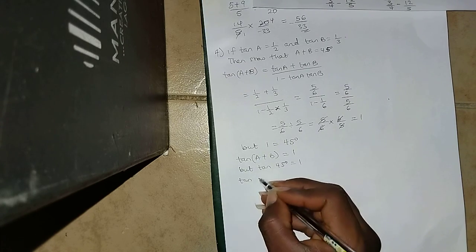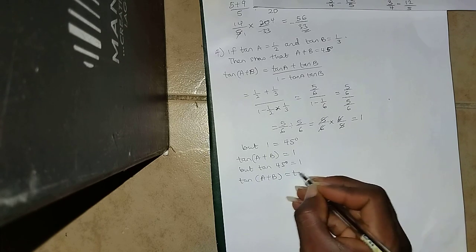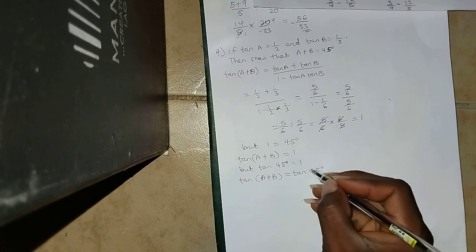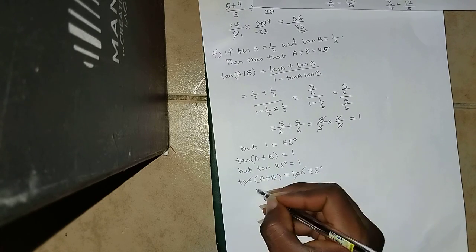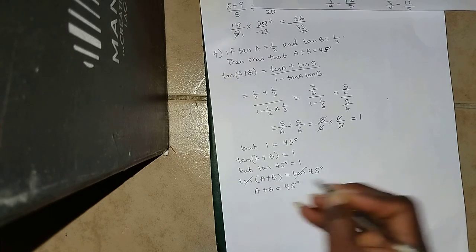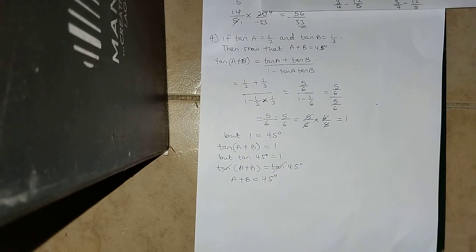So that means tan(A plus B) is equal to tan 45 degrees, meaning that if I cancel tan, I'm saying A plus B is equal to 45 degrees. And so that is how we get that one rightfully done.